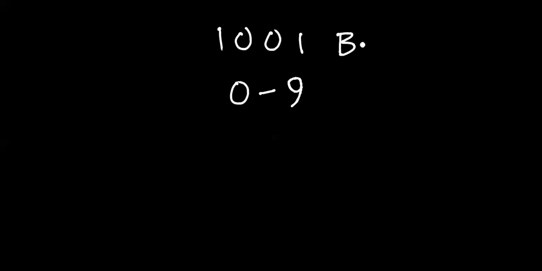Binary numbers are made up of ones and zeros, zeros and ones. Decimal numbers are made up of the numbers 0 through 9. We have binary and we have decimal.